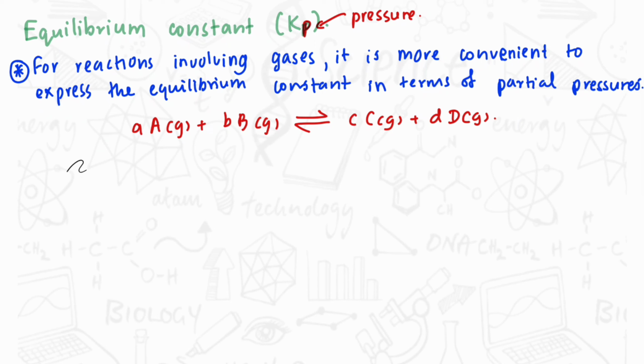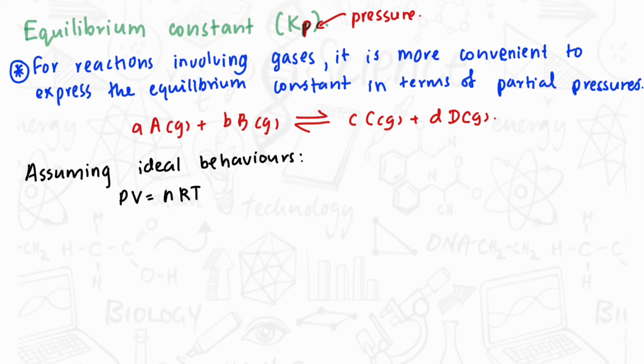Assuming ideal behavior for these gases, we can use the ideal gas equation, which is PV = nRT.